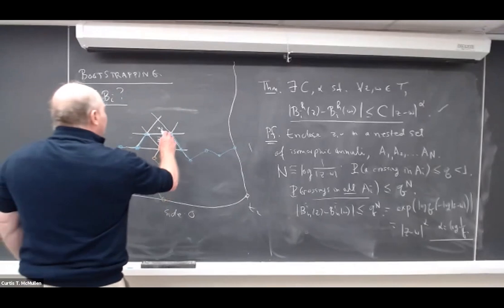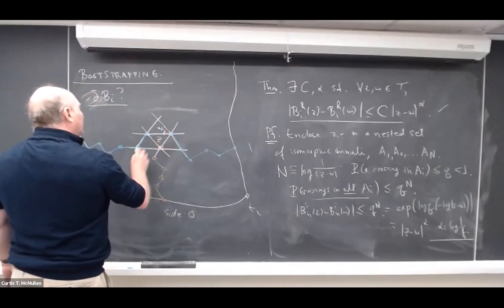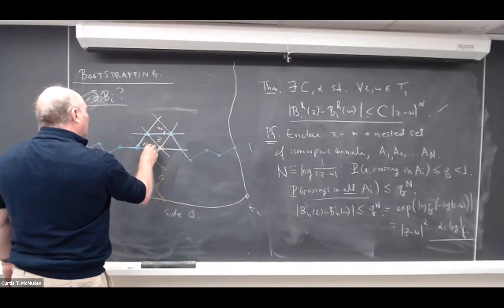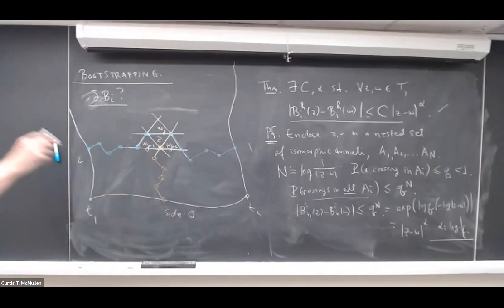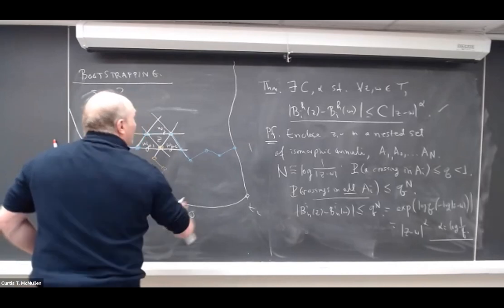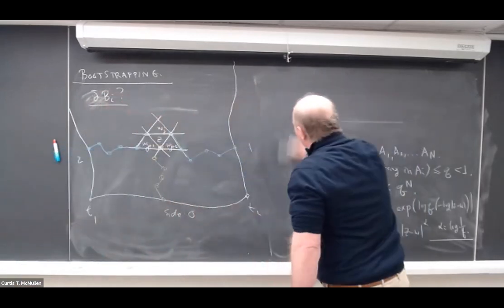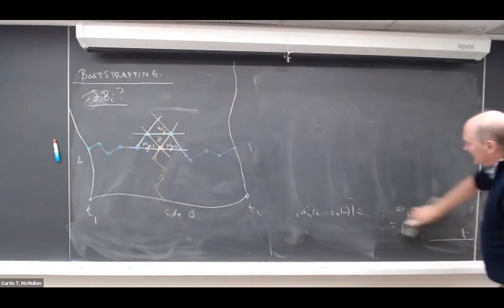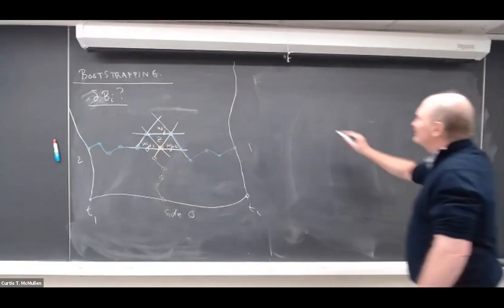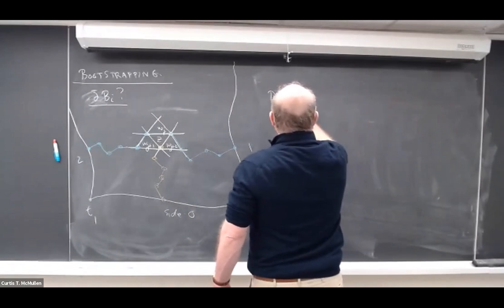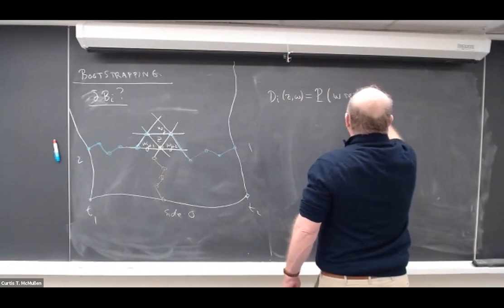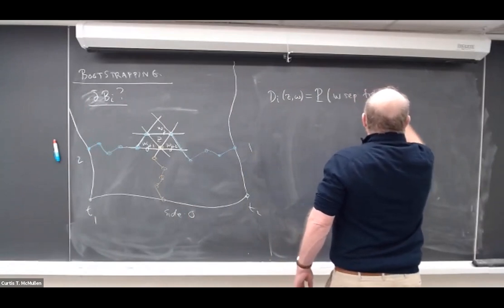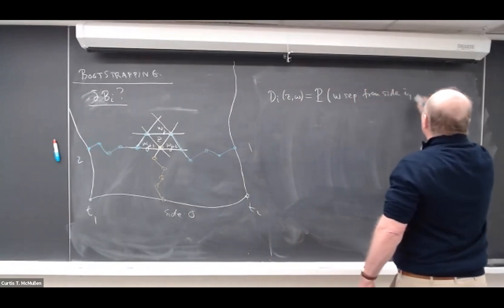So I'm going to label this neighbor of Z Wj, and there's an adjacent neighbor down here, which I'll call Wj plus 1, and another one called Wj plus 2. Think of these as mod 3. And then I want to measure the change in BI. So I'm going to let BI of ZW be the probability that W is separated from side 0, side I, but Z is not.